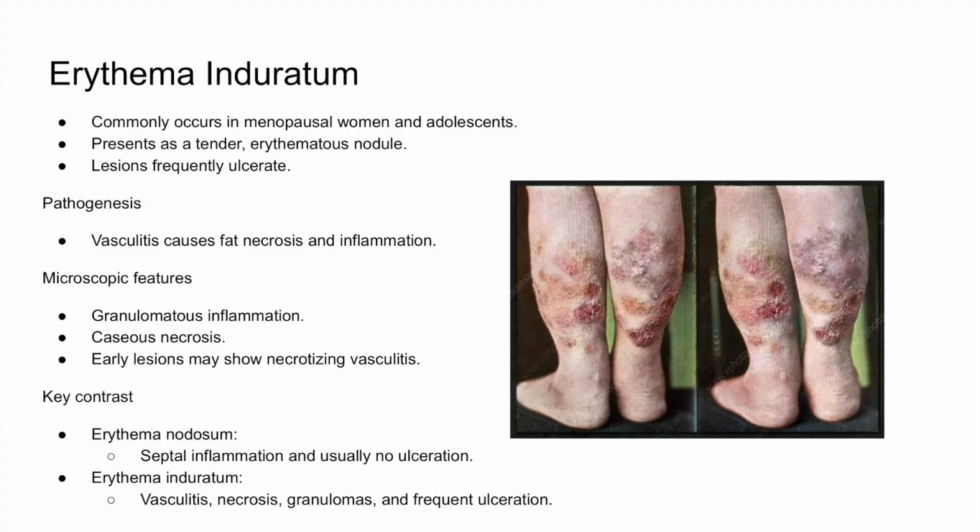It has traditionally been considered a hypersensitivity reaction to Mycobacterium tuberculosis, although similar nodular vasculitis can occur without proven tuberculosis. The high-yield contrast is that erythema nodosum involves the septa, usually lacks vasculitis, and rarely ulcerates, while erythema induratum involves the lobules, includes vasculitis and necrosis, and commonly ulcerates.